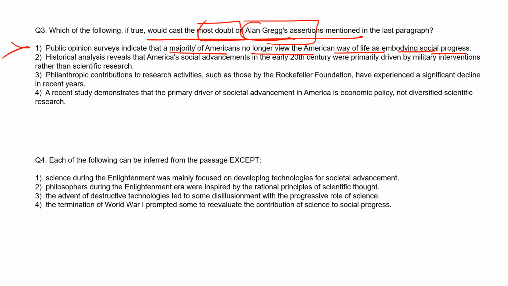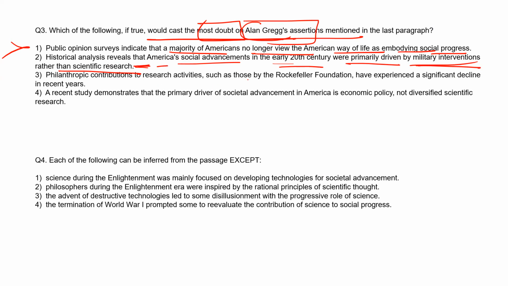Historical analysis reveals that America's social advancements in the early 20th century were primarily driven by military interventions rather than scientific research. Now, this one gives you an alternate reason. So this could be a good option because it gives you an alternative, that the progress that happened was from military intervention and not scientific research. So we can keep this.